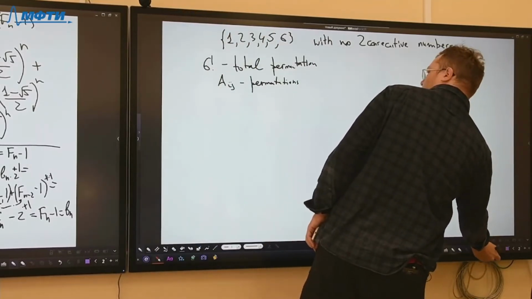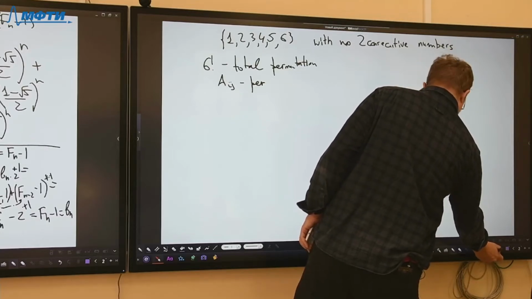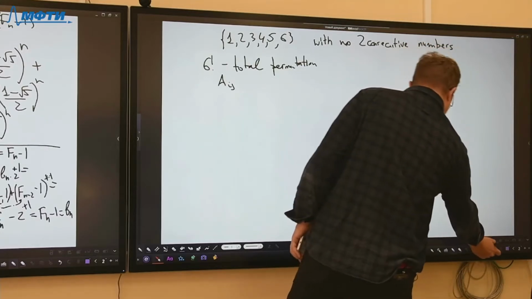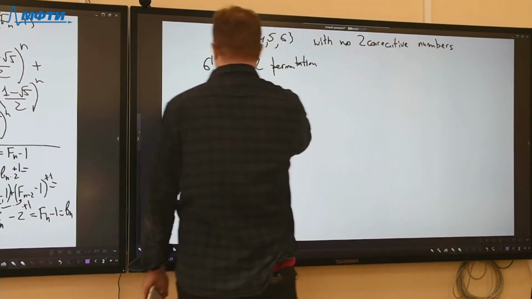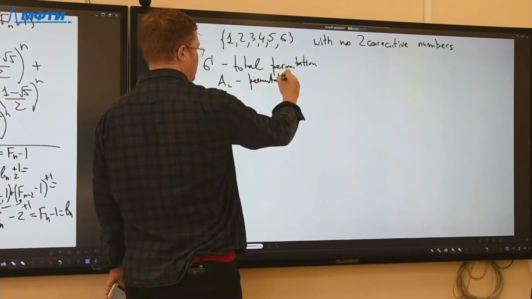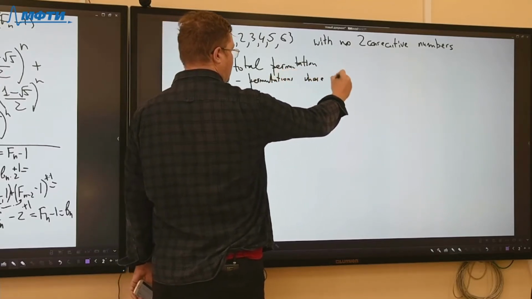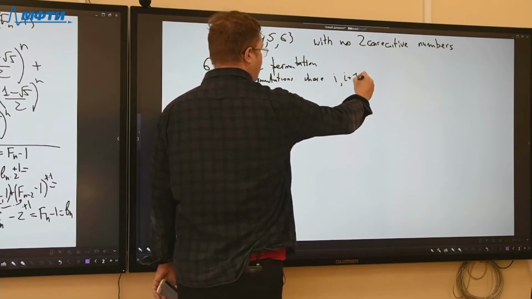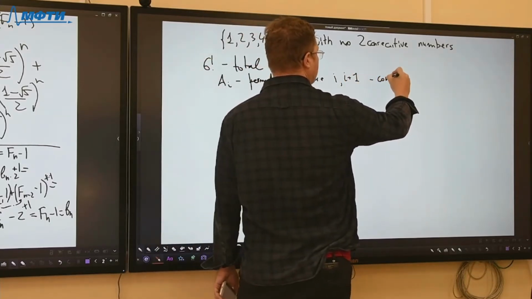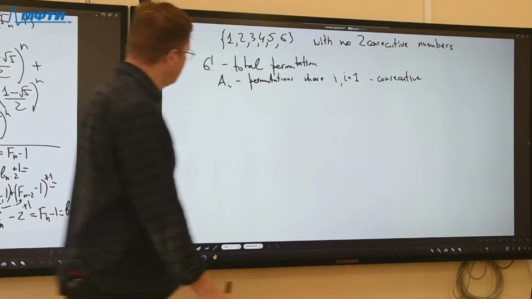So we denoted by Ai the number of permutations where i and i plus 1 are consecutive.